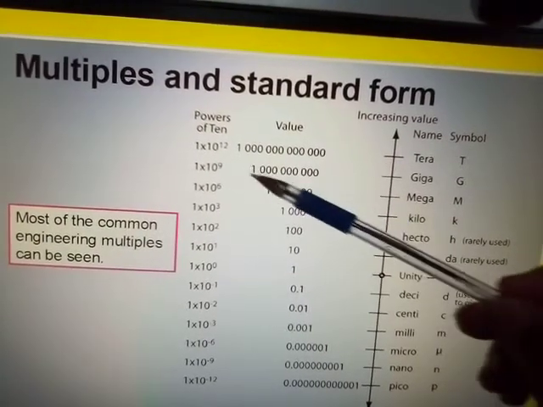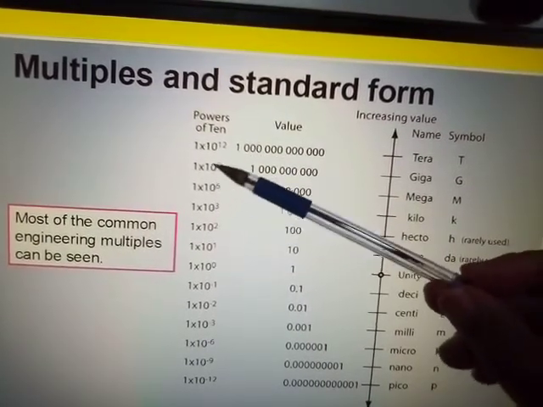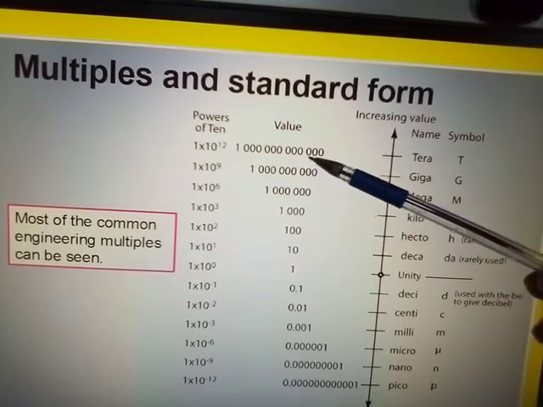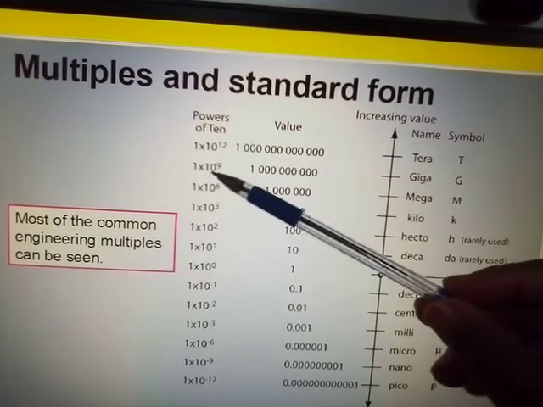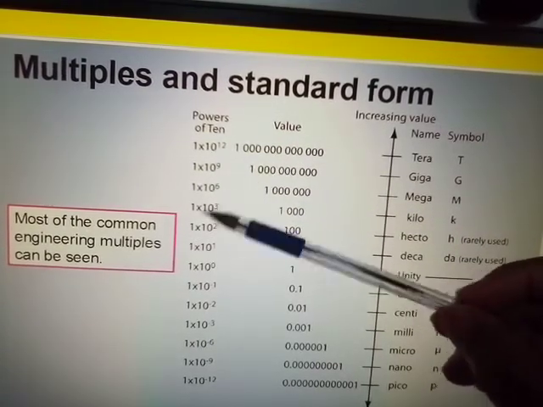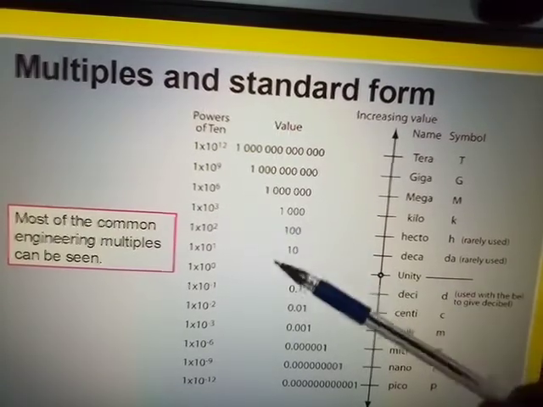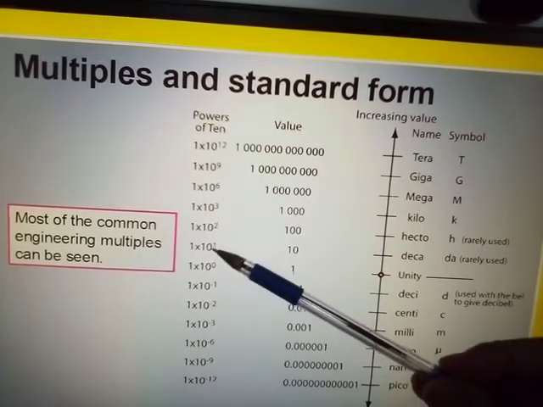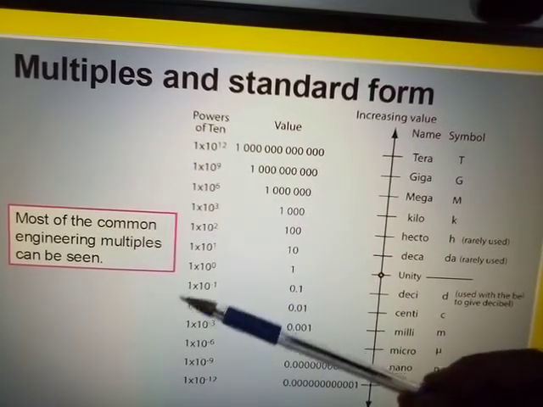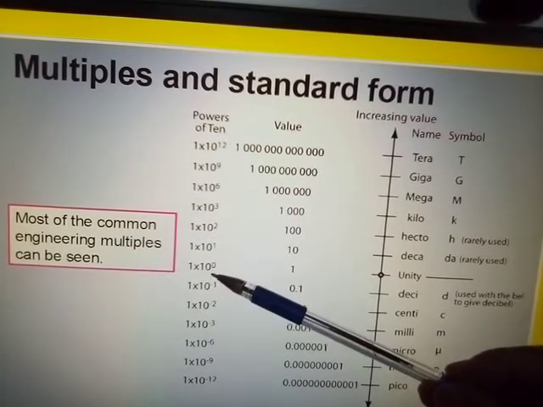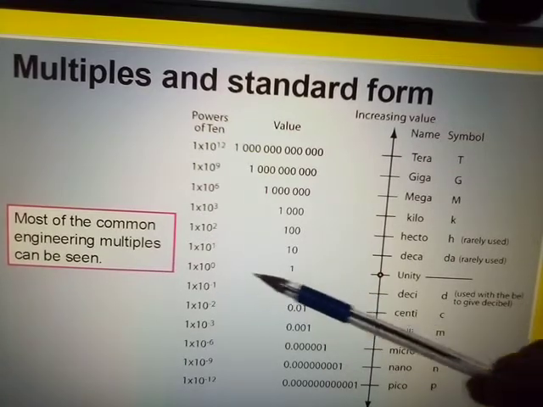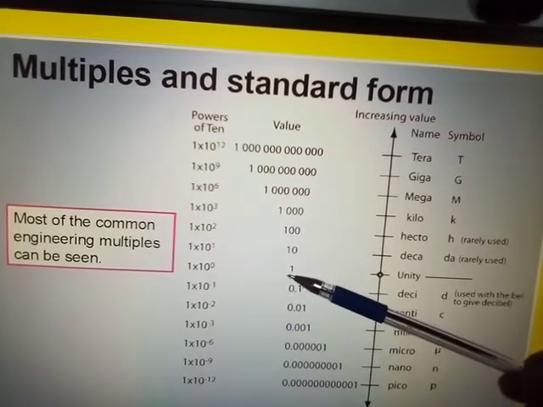So here we have powers of 10. 1 times 10 to the 12, you can see here is a very large number. 1 times 10 to the 9, 1 times 10 to the 6, 1 times 10 to the 3, 1 times 10 to the 2, which will be 100. 1 times 10 to the 1 will simply be 10. Now 1 times 10 to the 0 is 1. Anything raised to the power of 0 is 1.